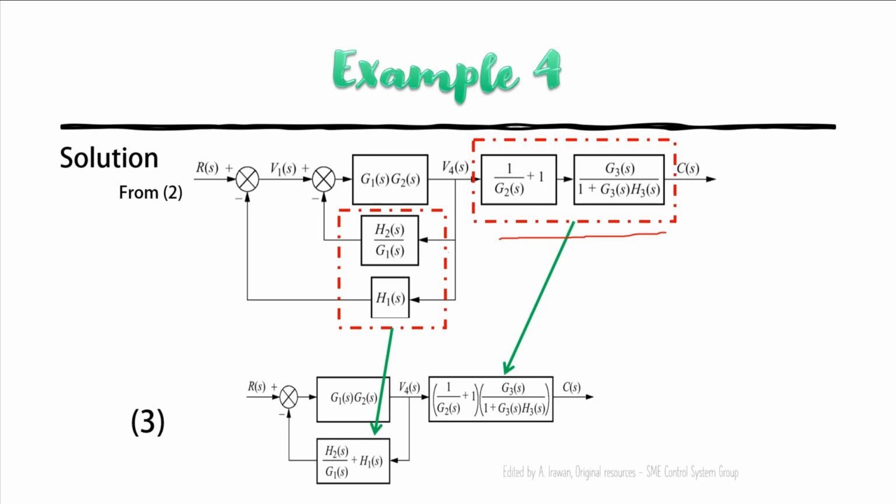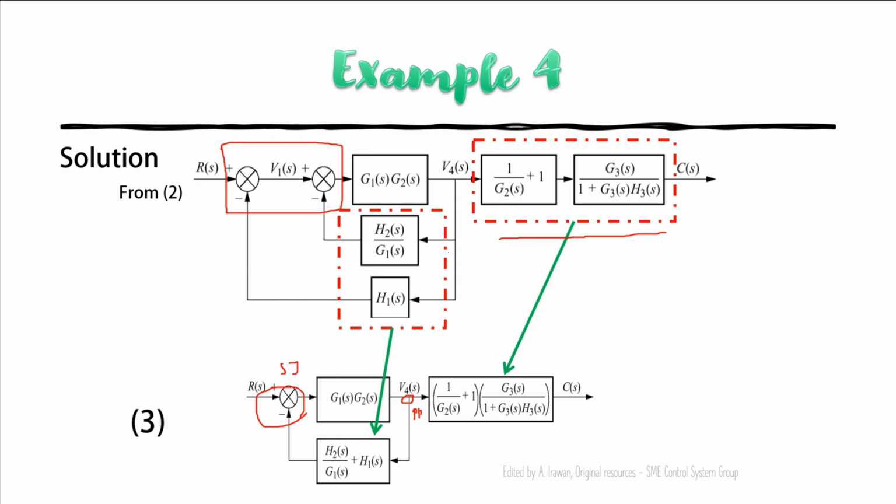As you can see here, this summing junction is actually one junction only. So that's why here we can just sum these two feedback blocks, and then one pick off point here and one summing junction here.